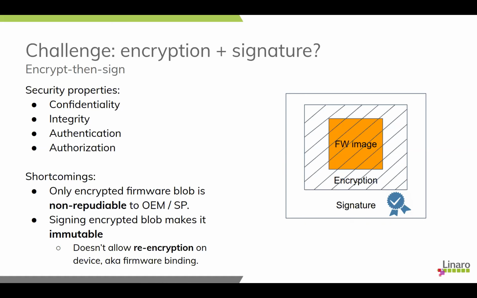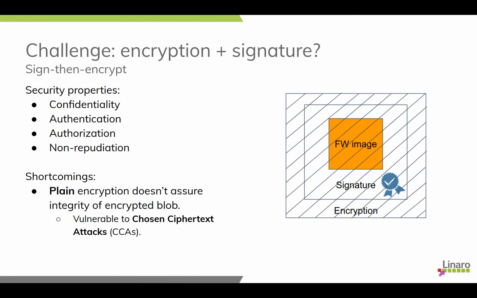In this case, only the encrypted firmware blob is non-repudiable to the OEM or service provider, where we would like to have the plain firmware to be non-repudiable, which could play a significant role when there are multiple third parties involved. The second shortcoming being when we sign an encrypted blob, it makes it immutable, which doesn't allow us the re-encryption feature that we have discussed before, also known as the firmware binding.